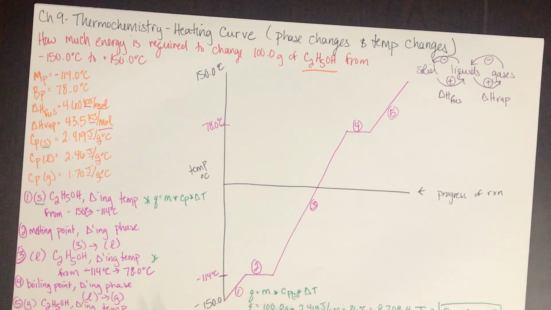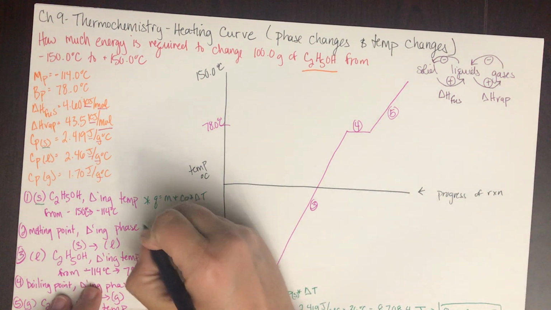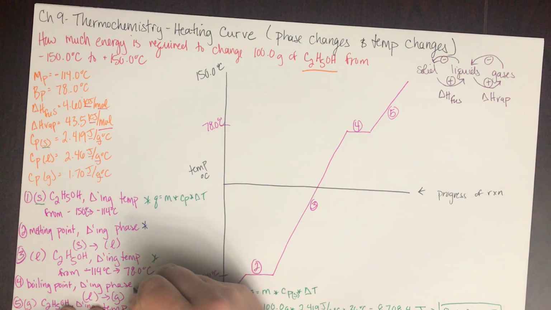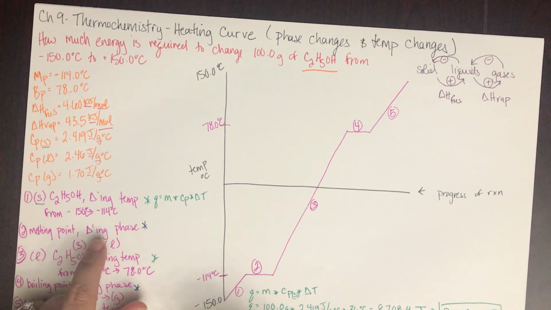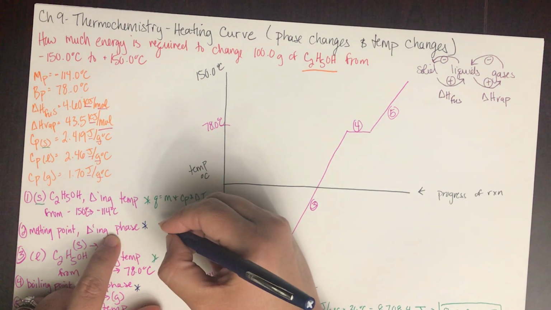It's still a solid. So now here at step 2, we are changing the phase, not changing the temperature. So for here at the melting point, I'm going to use the heat of fusion.